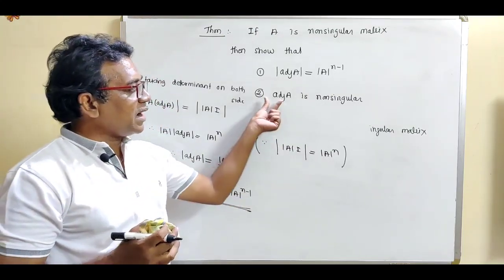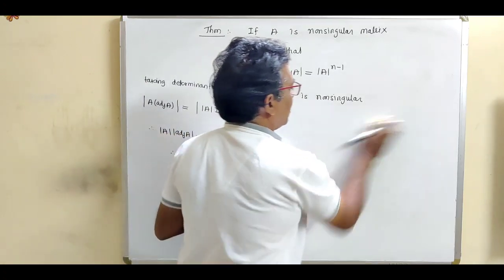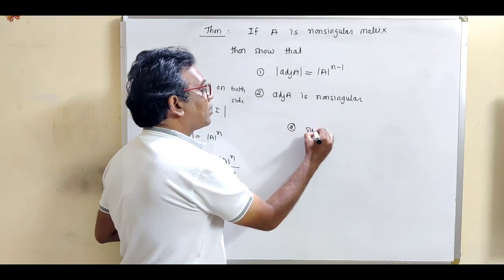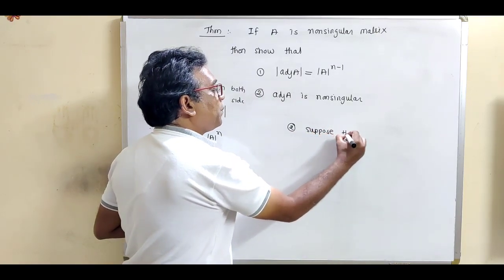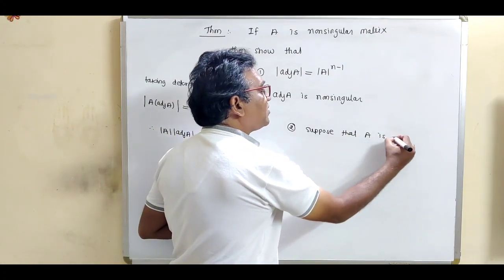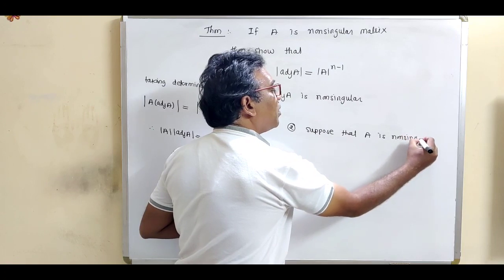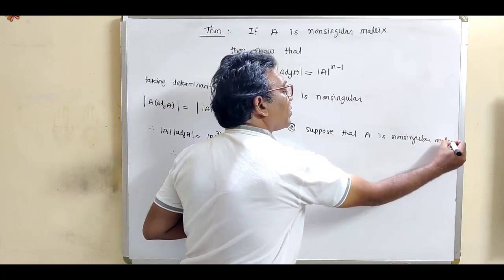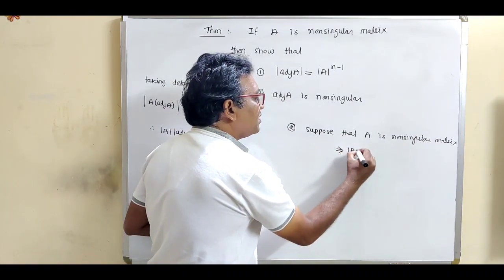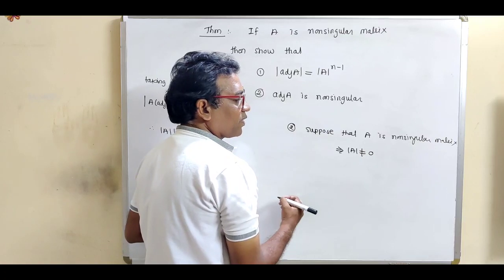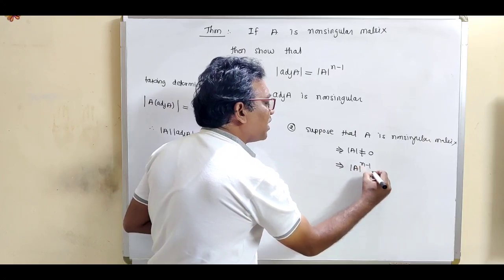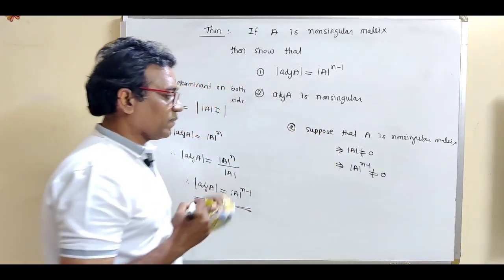Now secondly, let us prove that adjoint of A is a non-singular matrix. So write down number 2. Suppose that, what is given, matrix A is a non-singular matrix. So obviously its determinant will be non-zero. So determinant A is non-zero, which means determinant of A raised to n minus 1 is again a non-zero term.